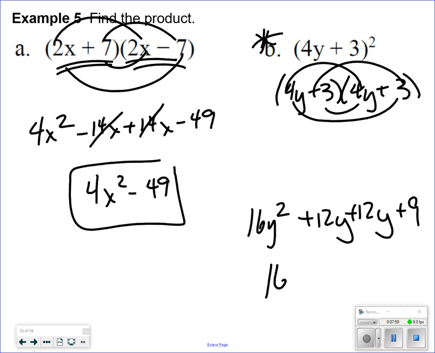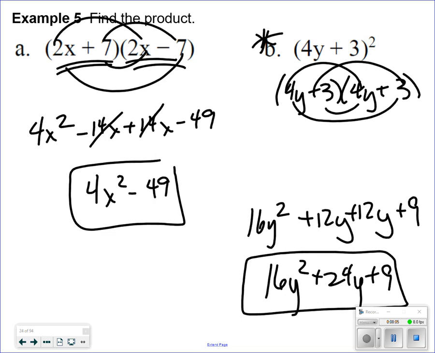And so again, there is a pattern to this that most of you will not memorize, but it squares the first, multiply and double the middle, plus square the second. So you square the first one, multiply and double, square the last one. And again, I wouldn't necessarily recommend memorizing, but it can be done.